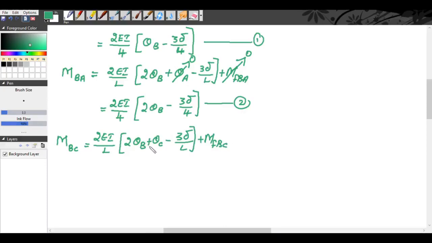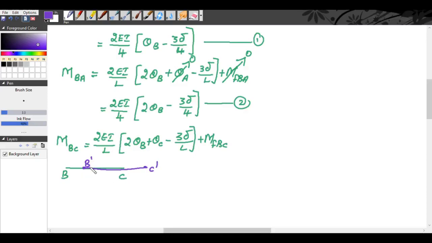Here, for the span BC, delta is equal to 0, because span BC will just get shifted to B dash C dash.